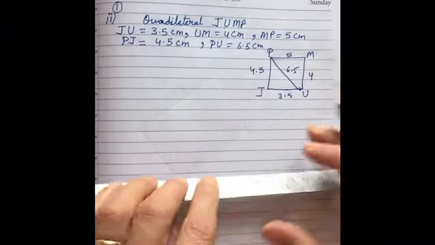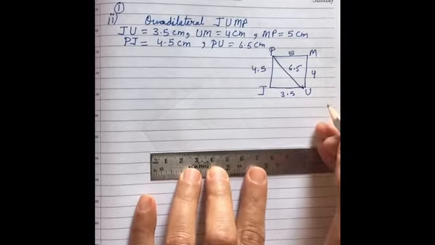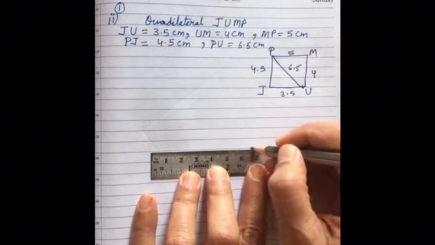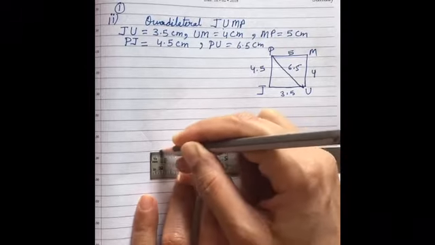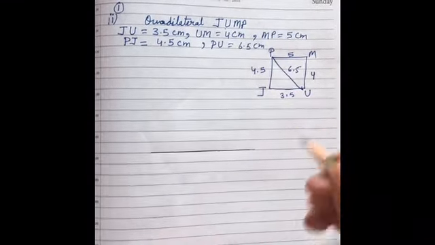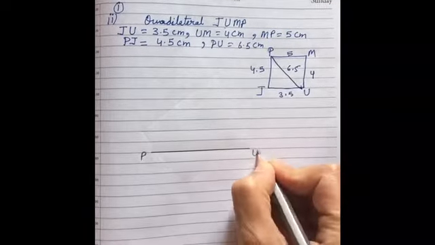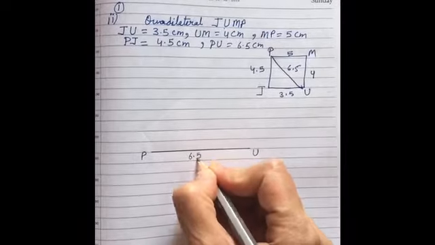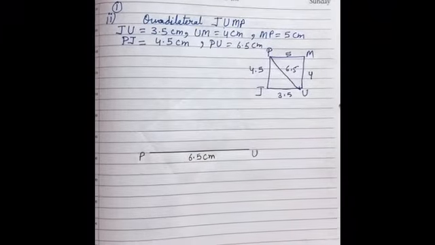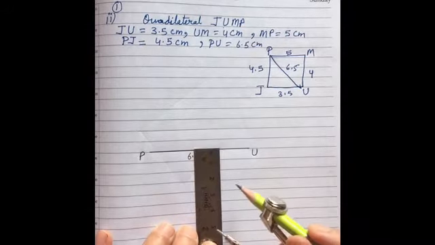Let's start making it. First make the diagonal. Let's make it 6.5 centimeter. So I'll start by making a line of 6.5 centimeter, and the name of this line is PU. Now open up your compass to 5 centimeter.